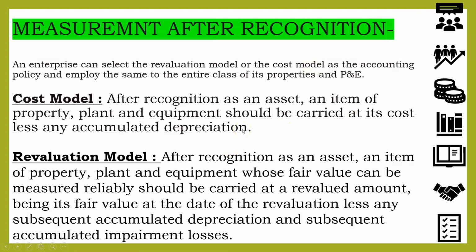So in 2018, it should be represented in our books of account at 1 lakh minus 20,000, that is 80,000. Then in the next year, it should again be represented by subtracting 20,000 from the cost of that asset. This is the first method, known as the cost model.